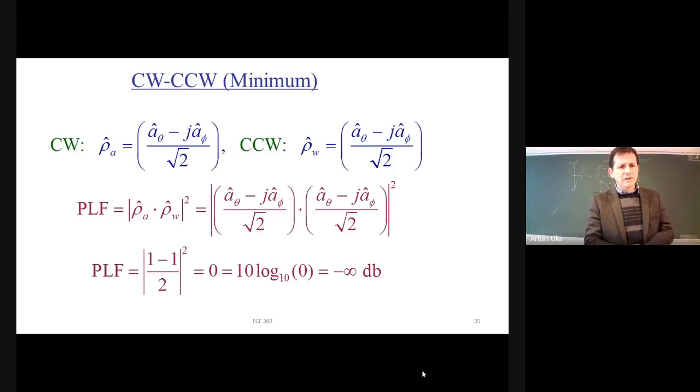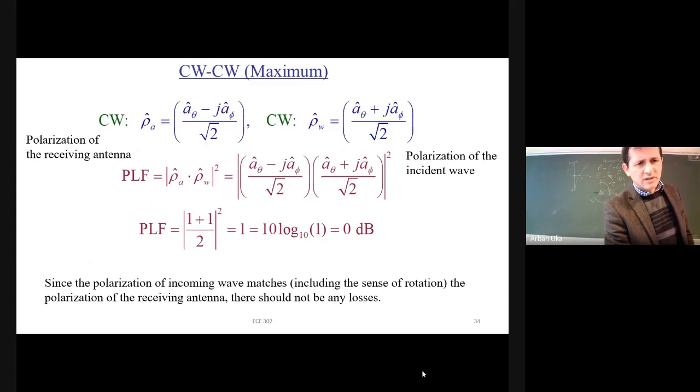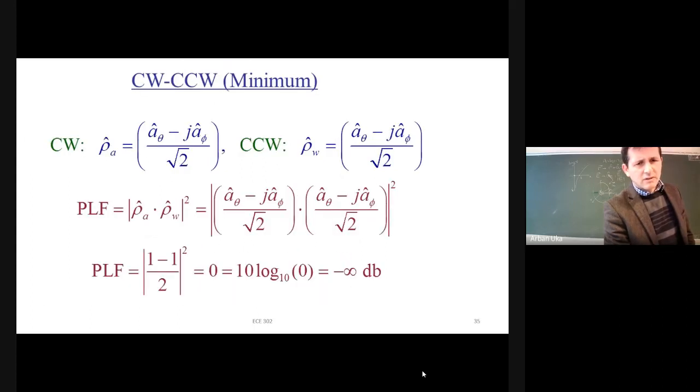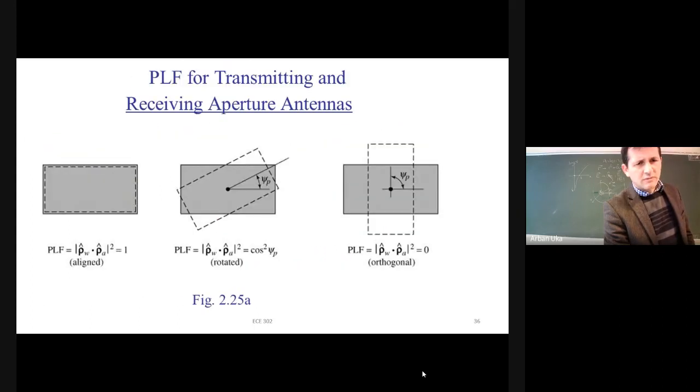That means the loss factor is maximum. You lose everything, so the power transmitted or received by the antenna is going to be 0. This is completely different from the previous example, and something we should keep in mind.